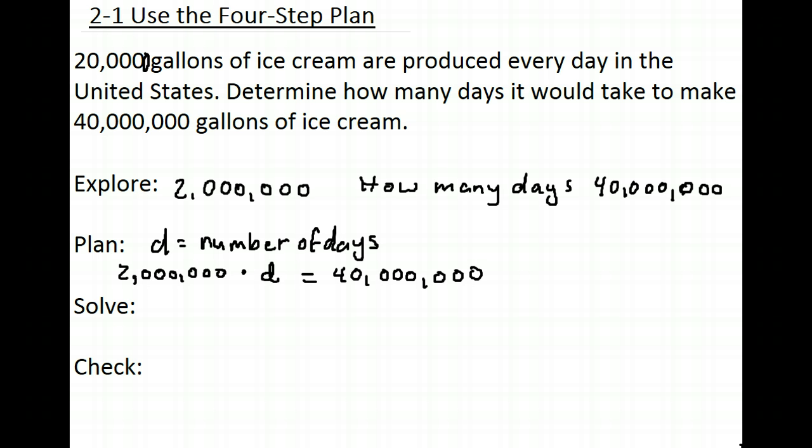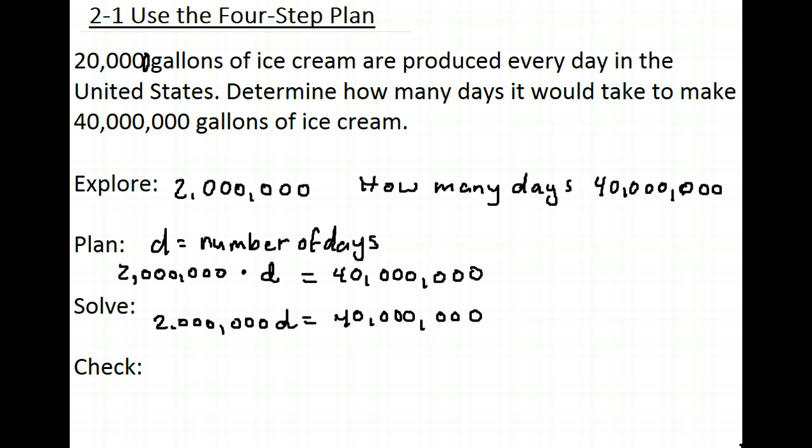So now we have 2 times d equals 40 million, or that'd be 2 million d equals 40 million.